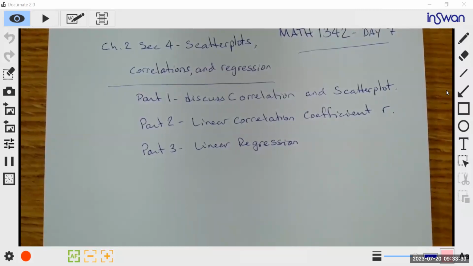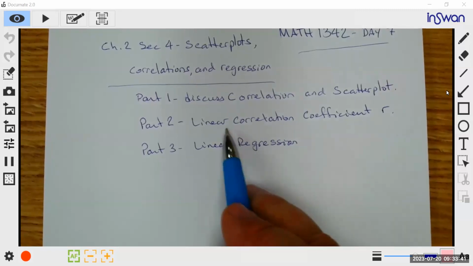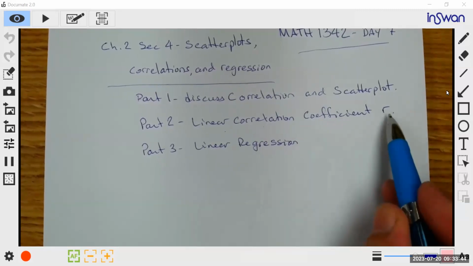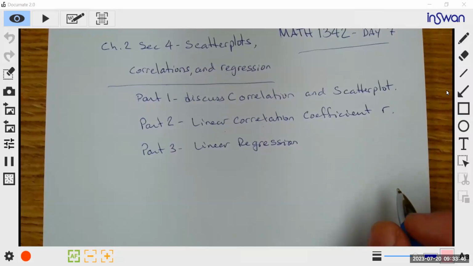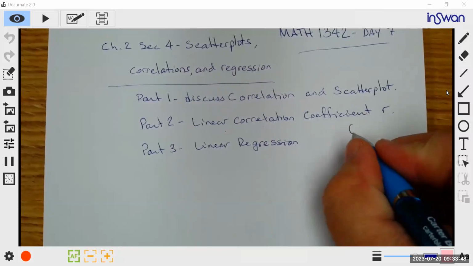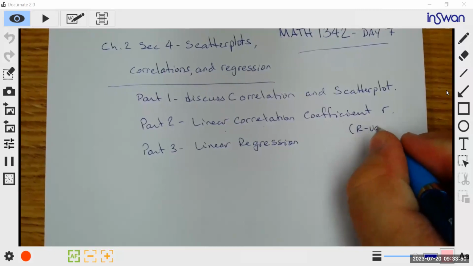There's some internet coefficients. The linear correlation coefficient R, which we will refer to as the R value.